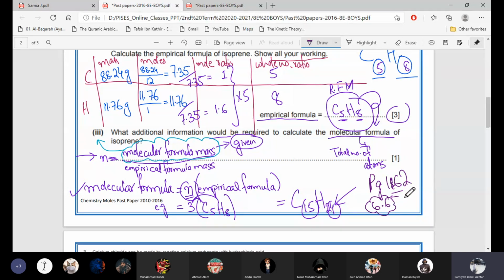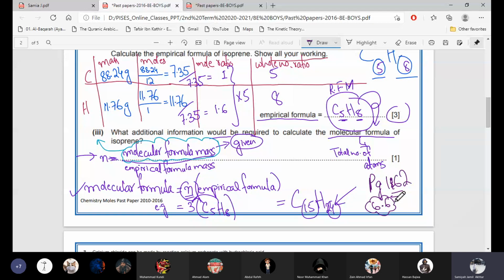Once you calculate the empirical formula, part B asks what is its molecular formula, and the relative molecular mass of the compound is 62. Molecular mass is given. So in this type of question in which they ask you about molecular formula, the molecular mass will be given to you, like in this question it is given as 62.